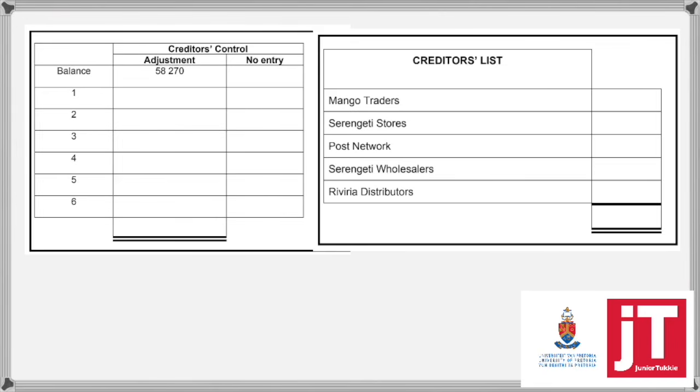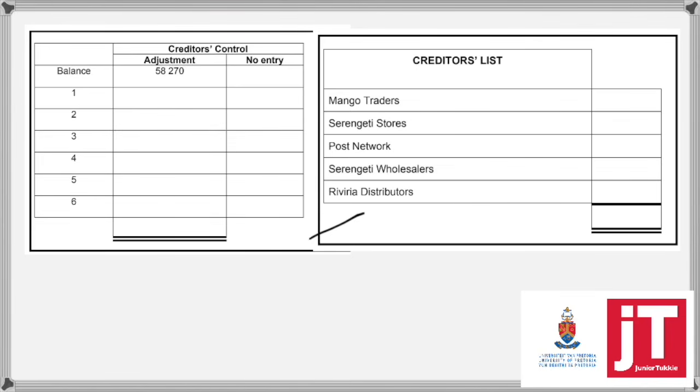If you now look at this answer booklet, this is how it will look in an exam. We have to adjust the creditors control account. If there's no entry, we must say no entry. And we need to adjust the totals in the creditors list.